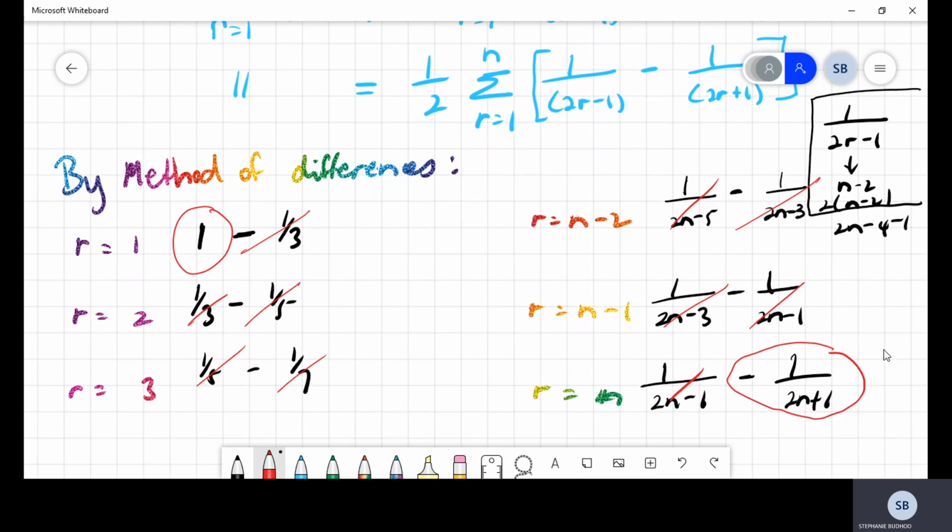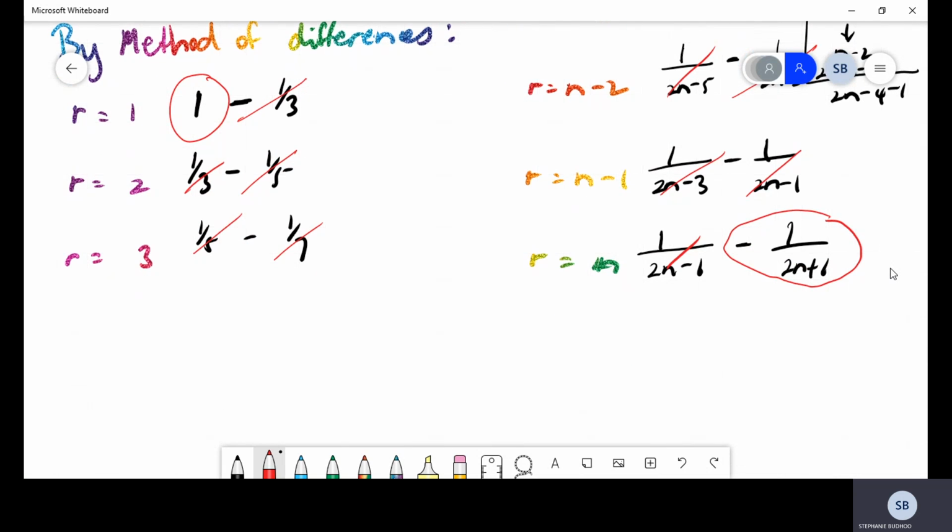So if we bring together our final answer, you would end up getting that. Originally, we had the summation as r went from 1 to n of our question. We brought the half in front of this partial fraction, 1 over 2r minus 1 minus 1 over 2r plus 1.